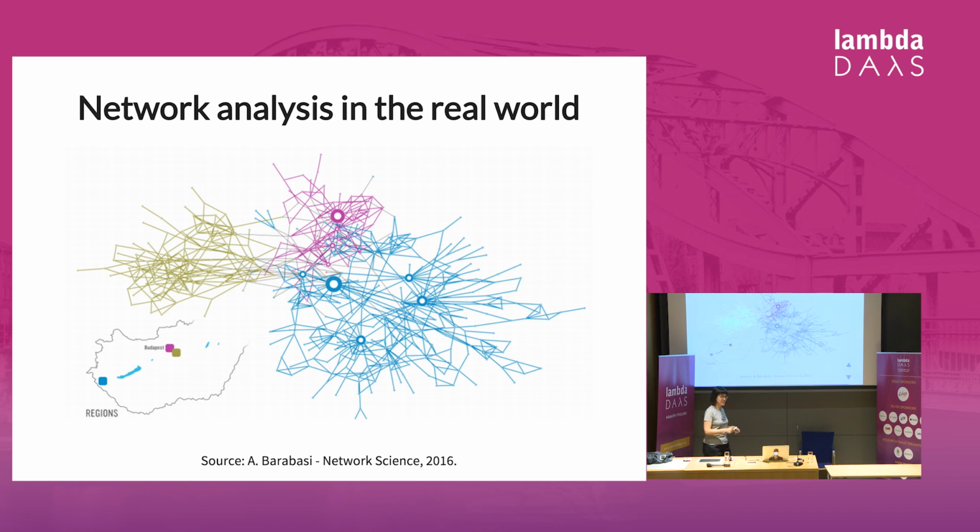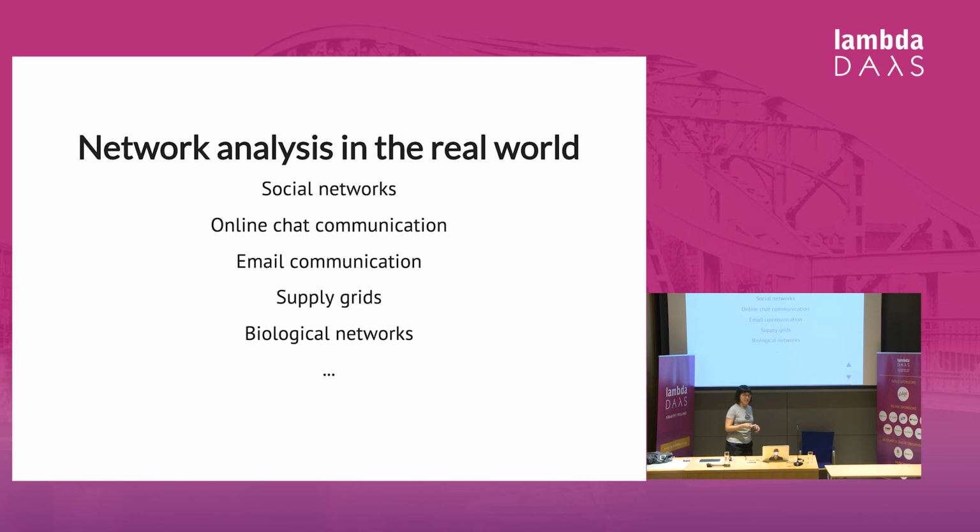I will skip this example because I wanted to tell you, for example, if in your company you communicate on Slack or whatever, you can also just use the information and see who replies to whom and create a social network out of that and see the communities of people. And you can do the same thing with email communications.